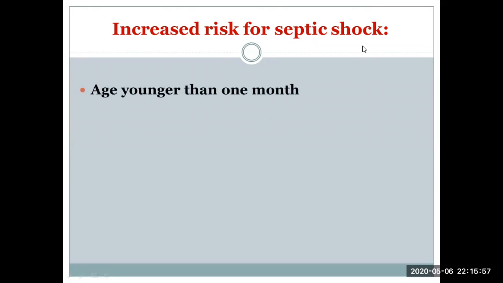Age younger than 1 month. It's very well known and very reasonable that younger patients, neonates, are at higher risk to develop sepsis than other patients. Patients with serious injuries like major trauma, burns, or penetrating wounds have open sources to develop septic shock and fulminant sepsis more than other patients.